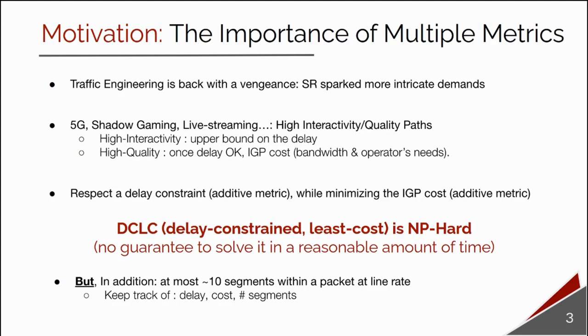Now that segment routing allows ISPs to perform traffic engineering at a large scale, they want to put it to good use, of course. So in particular, there is a fairly huge demand regarding the ability to compute more intricate paths.